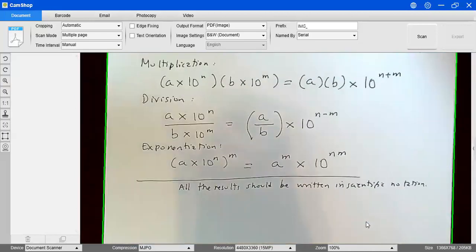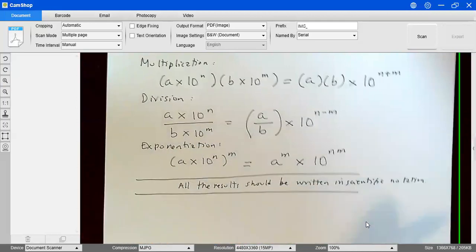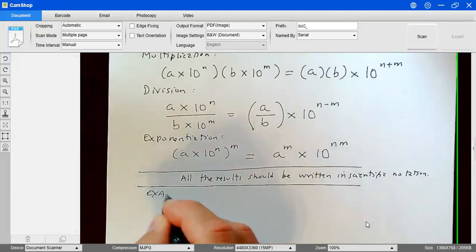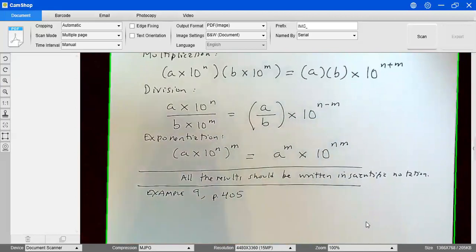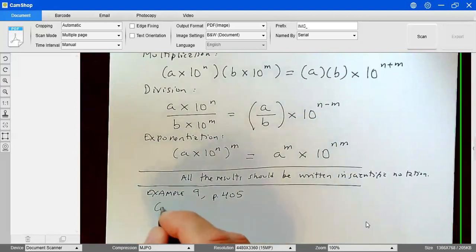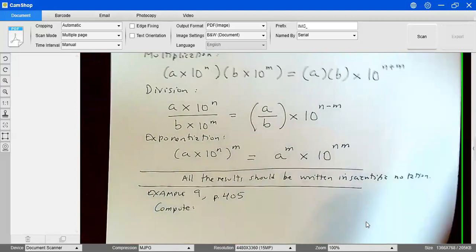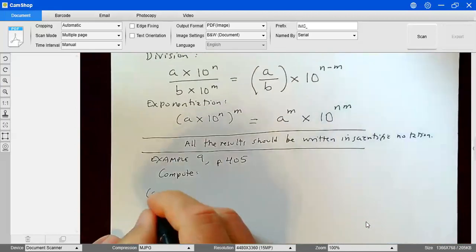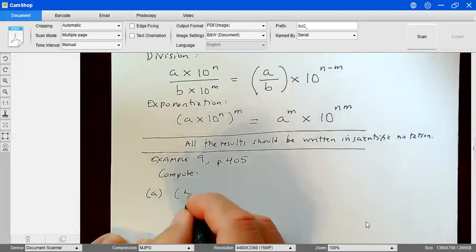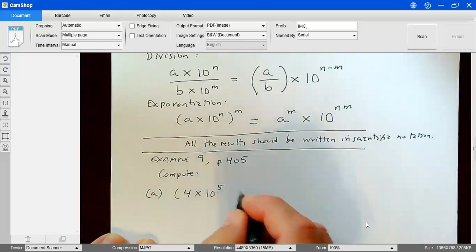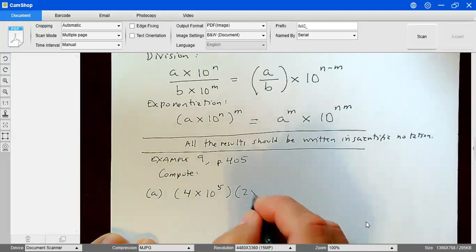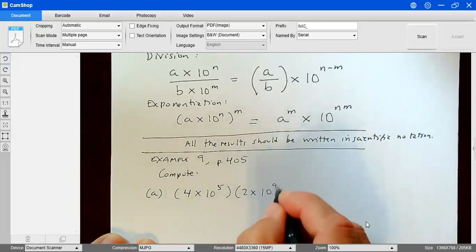So now we're going to work examples. One example only, example 9 on page 405. So we're going to compute. The first case is just 4 times 10 to the 5th power that multiplies 2 times 10 to the 9.